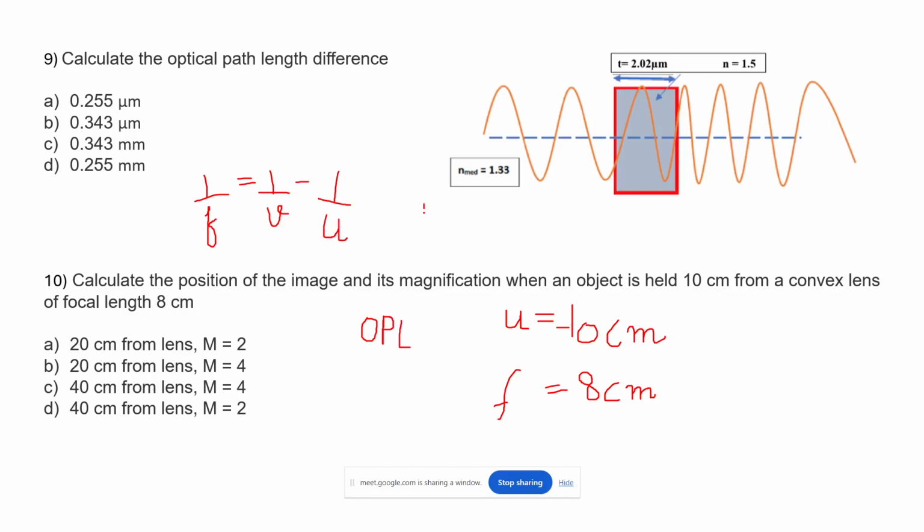So if we need to calculate 1 by v, this minus 1 by u will go there and it will become plus, so it will become 1 by 8 plus 1 by minus 10.